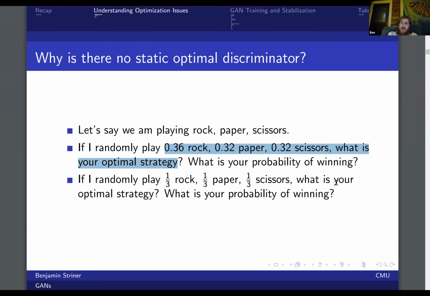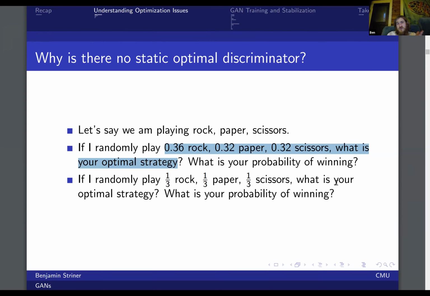So 36% win, 32% draw, 32% lose. That is actually the best you can do. Your best likelihood is 100% paper in that situation, which takes a second. It seems awkward, why would you do 100%, but it actually is.